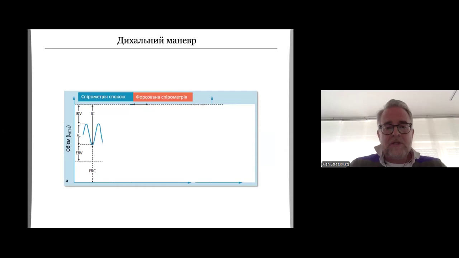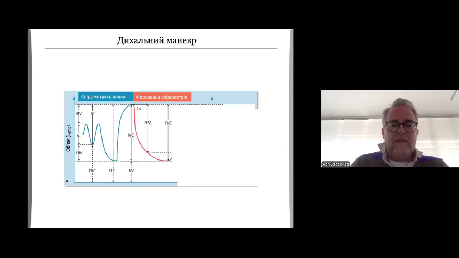And then the patient is told to breathe in and out slowly and without any strength. After that, the nurse tells the patient to breathe out as fast and forceful as possible. And then directly after that, to breathe in as deep and fast as possible.